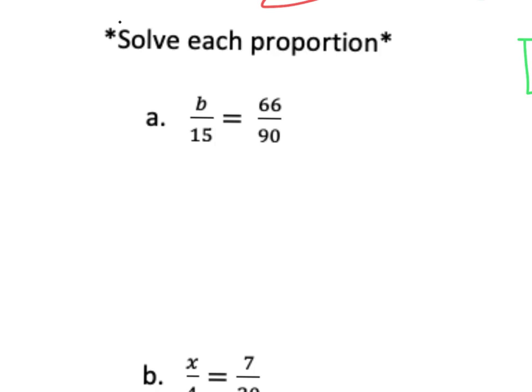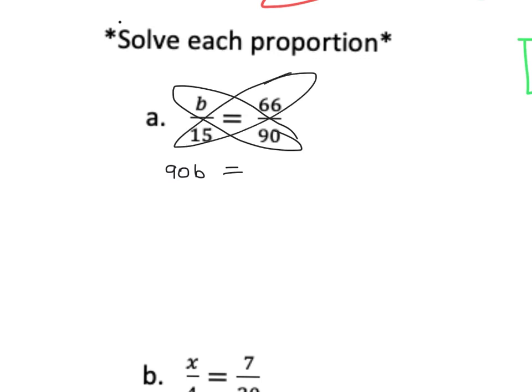So we have b/15 equals 66/90. To solve this, our first step is going to be to cross multiply. And 90 times b is just 90b. Now we're going to do the same thing, but going the opposite direction. 15 times 66 equals 990.